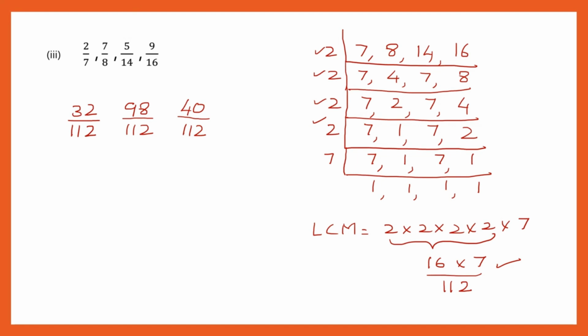Let's move on to the last one. The last one, 16, the denominator is 112 as it is. 16 into 7 will give us 112. Therefore, multiply 9 also by 7. 9 sevens are 63.